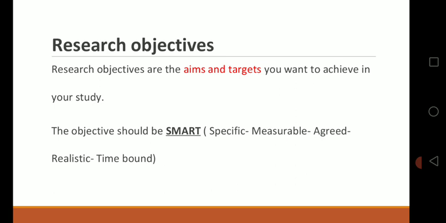The aims and targets that you want to achieve in your research هم ديل your research objectives. Okay? طيب, these research objectives or these aims and targets we mention them in our proposal. تمام. We have a section called research objectives that comes after the section of the justification.